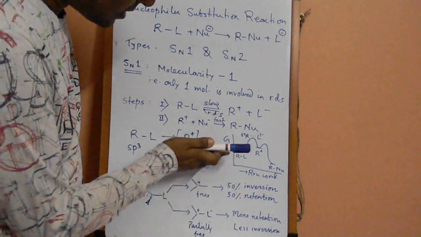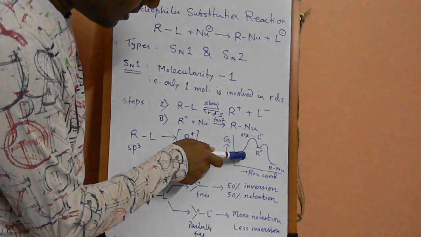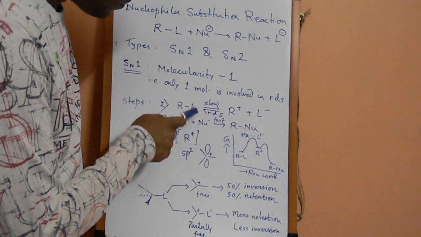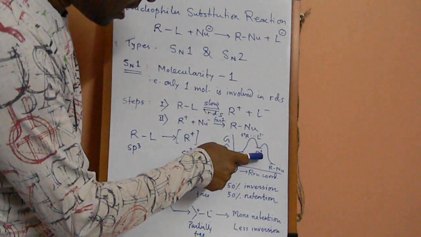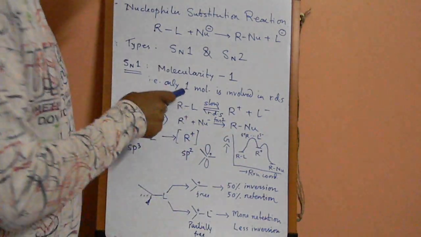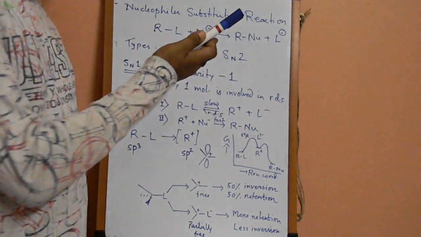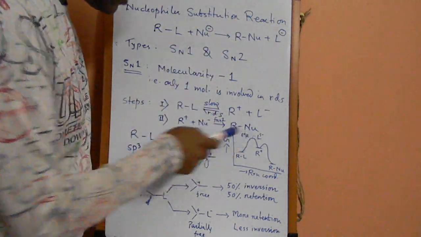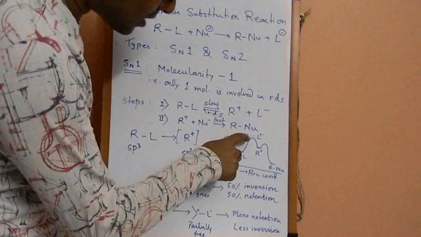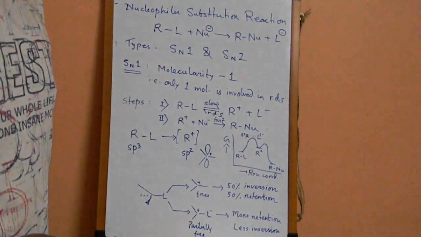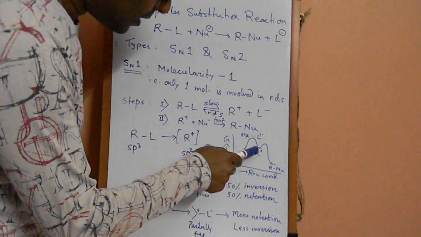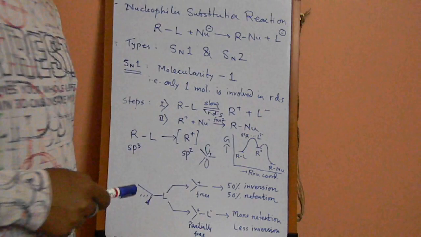The substrate RL has an energy level. To break the bond you need energy, so the energy has to be raised, and you reach a transition state where L starts to depart from R, and you reach an R plus intermediate.